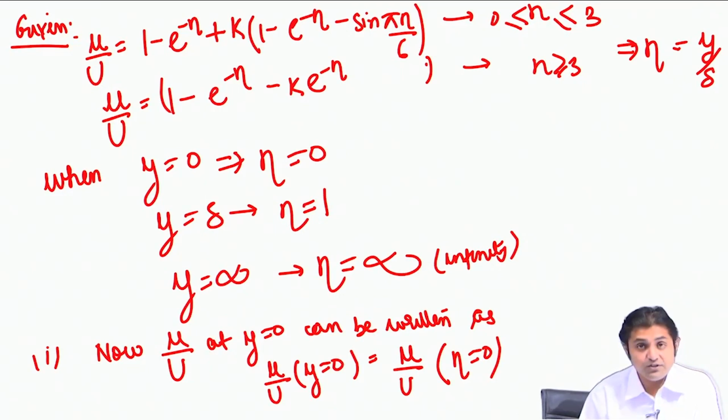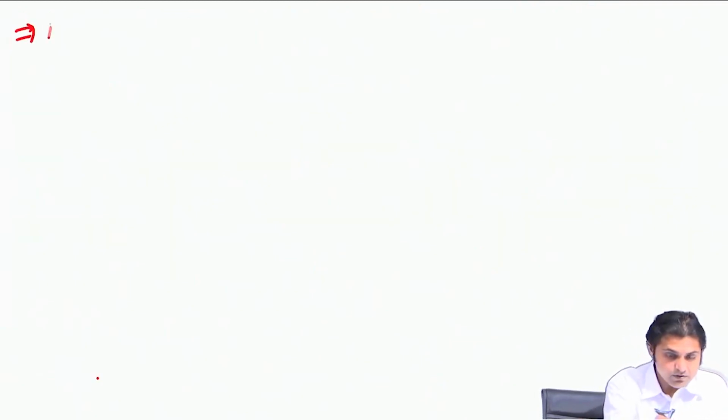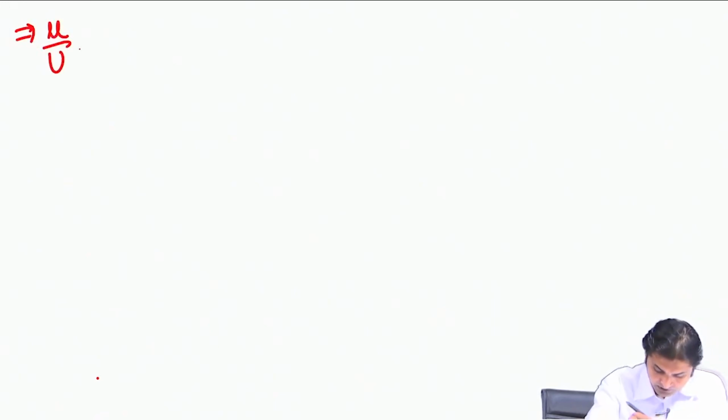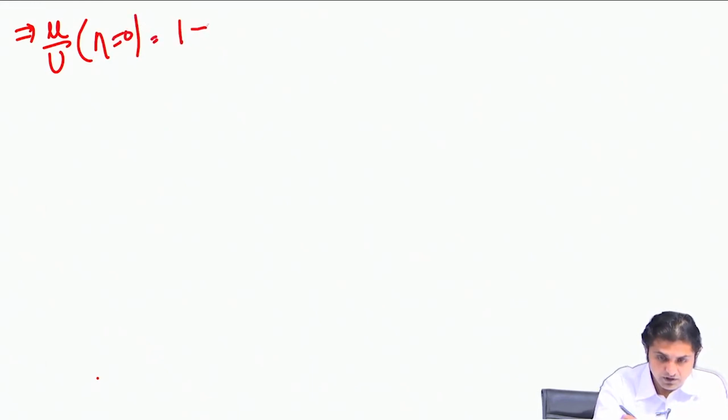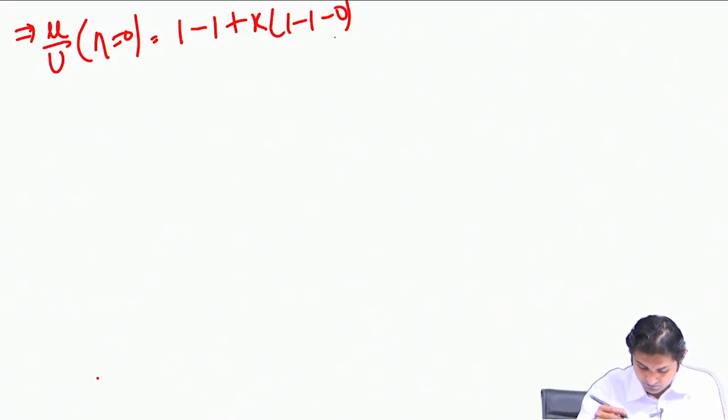Simply, y equal to 0 means eta equal to 0. Therefore, small u by capital U at eta equal to 0 can be written as 1 minus 1 plus k into 1 minus 1 minus 0.